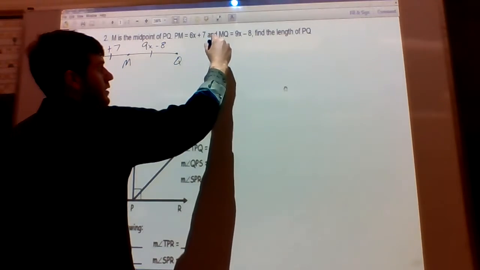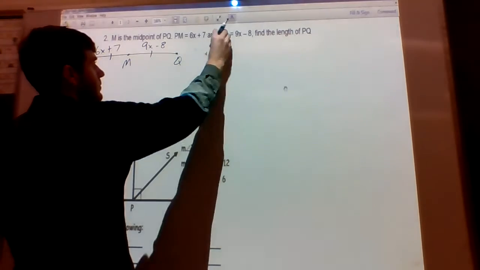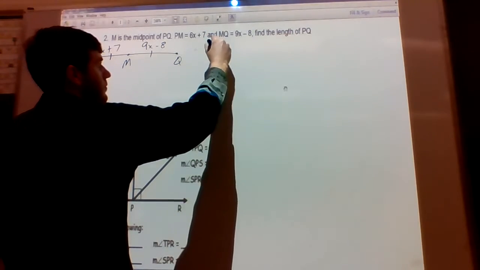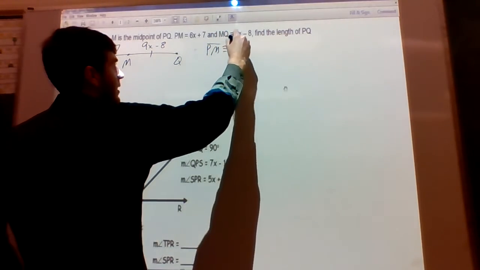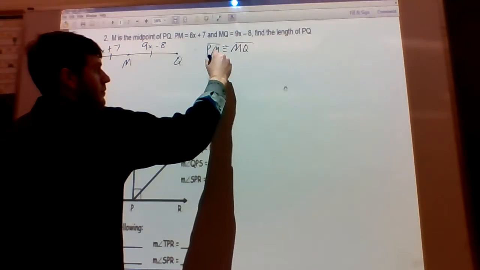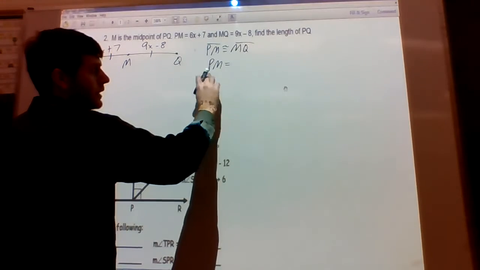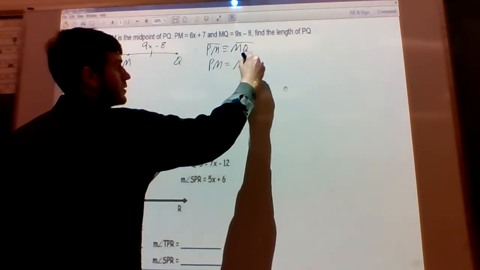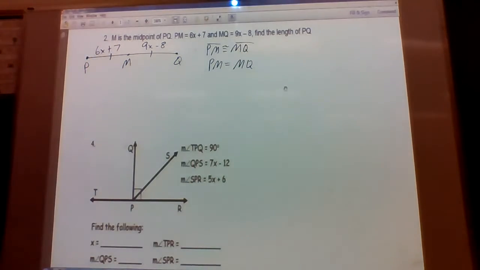So we know that PM is going to be congruent to MQ. So we know PM, the distance between P and M, is going to equal MQ, the length of MQ.